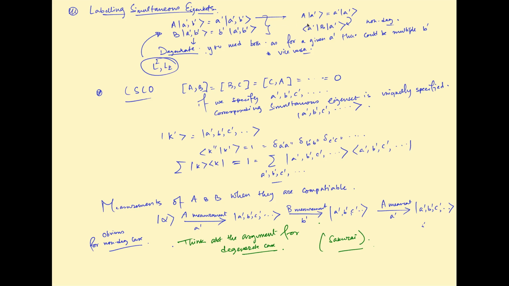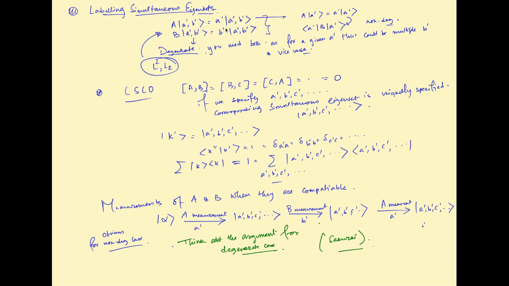Now, this might appear a little redundant in the non-degenerate case, because in the non-degenerate case, knowing A prime, if I calculate B prime, I will just get the B matrix. So, why do I use this second label B prime?